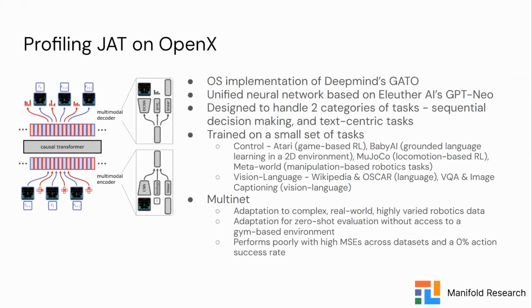Since we can't do that with OpenX, we had to adapt it to do zero-shot inference on offline RL trajectories. And what we've been seeing is that the majority of the profiling effort of JAT on OpenX is actually complete. It performs quite poorly, as we expected, with high MSE values and nearly a 0% action success rate.